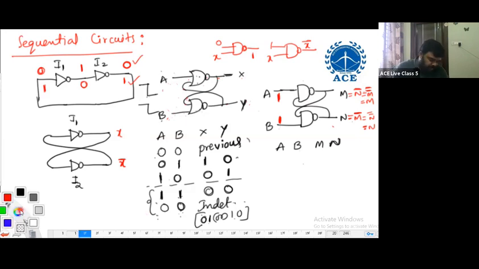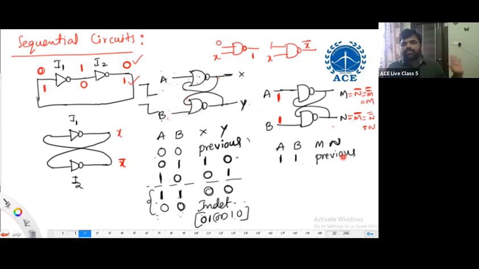For AB equal to 1, M and N are the previous values. Once again, same condition: M and N must be complementary. When AB are 1 and outputs are complementary, then it remains in the same state.